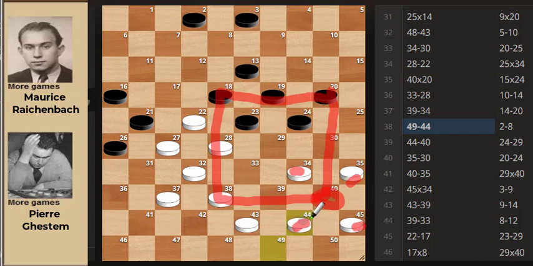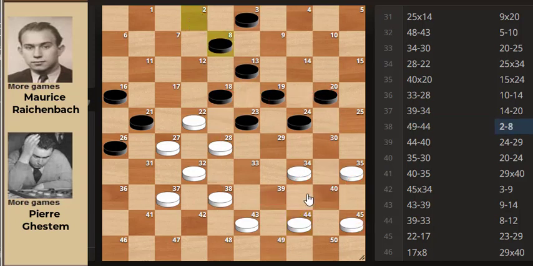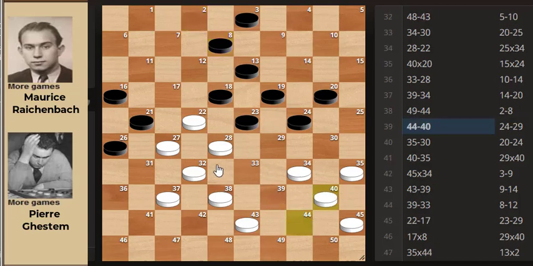So since there's no piece at 44 and you have a piece at 49, 49 can move to 44. So this move was answered by Morris by playing 2 to 8. So 2 to 8 was met by playing 44 to 40.